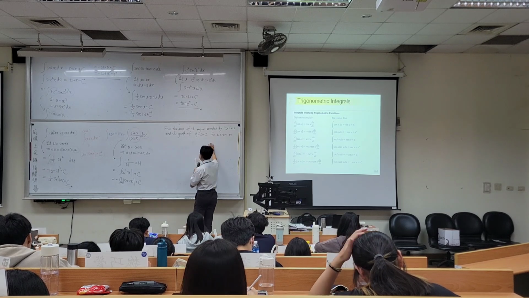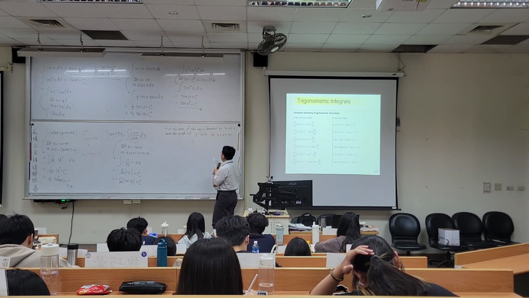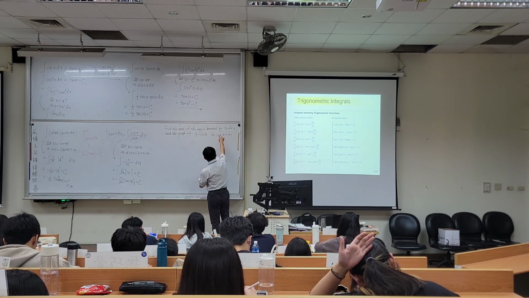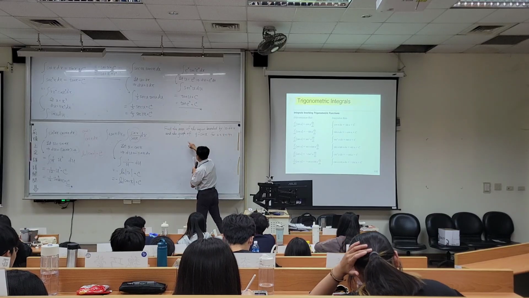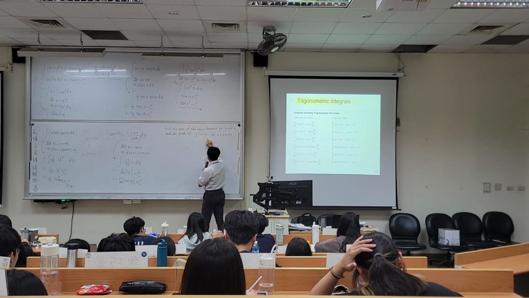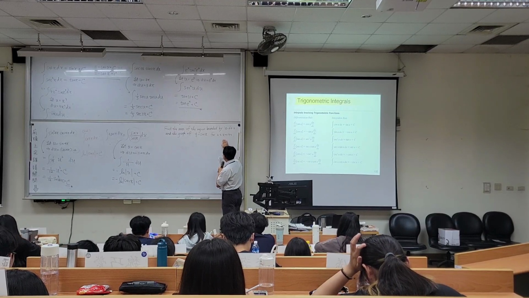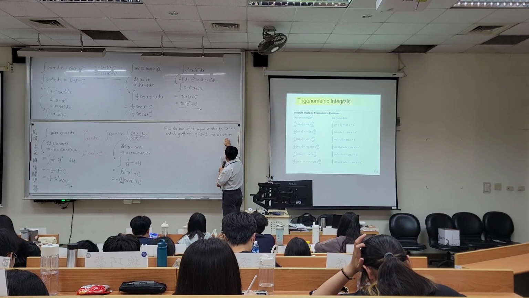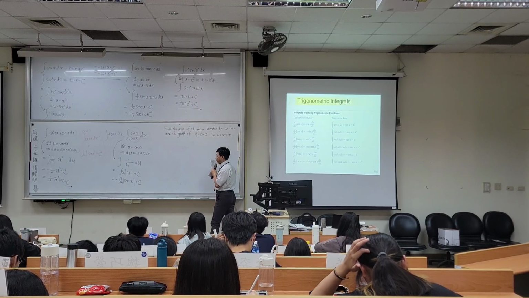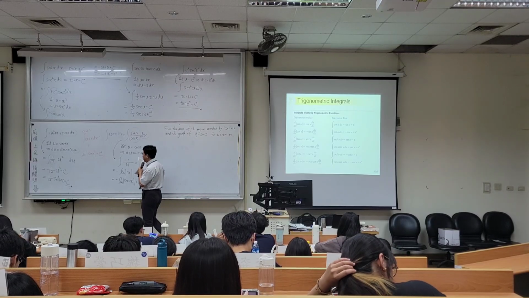And this problem is just I want to find the area of the region bounded by the x-axis and the graph of y equal to sine x, for x in the range of 0 less than or equal to x less than or equal to pi.